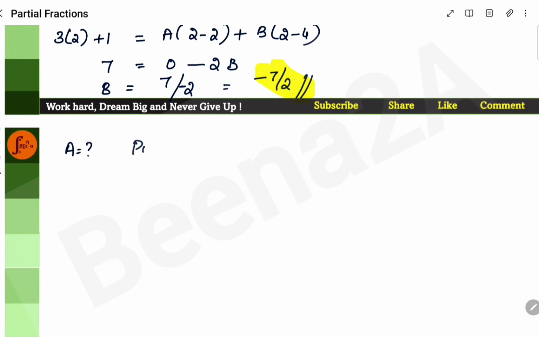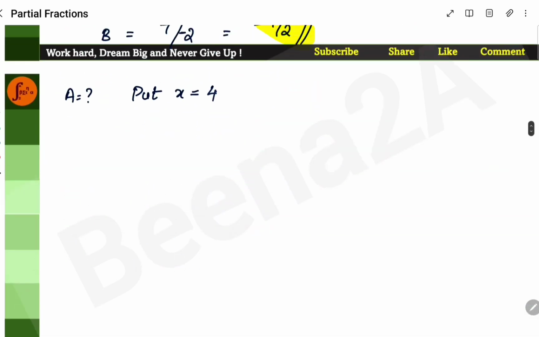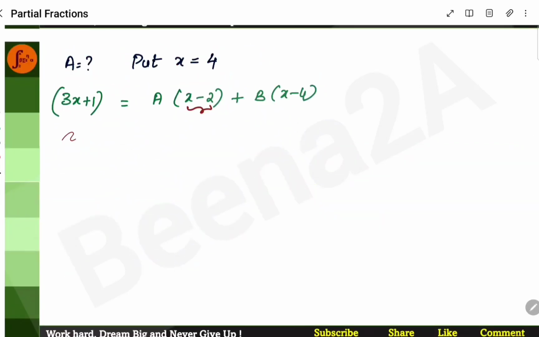So for that we'll put x is equal to 4. So let's take that equation, copy paste this equation, and instead of x I'll put 4. 3 into 4 plus 1 is equal to a into, instead of x I'll put 4 minus 2, plus b into 4 minus 4. So this will become 0.